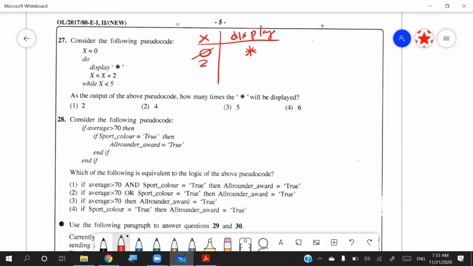Then it checks whether x is less than 5. So 2 is less than 5, which is correct. That means you are going to repeat again because it is a do while. It displays a star and x is incremented by 2, which makes it 4. And then it checks whether 4 is less than 5.